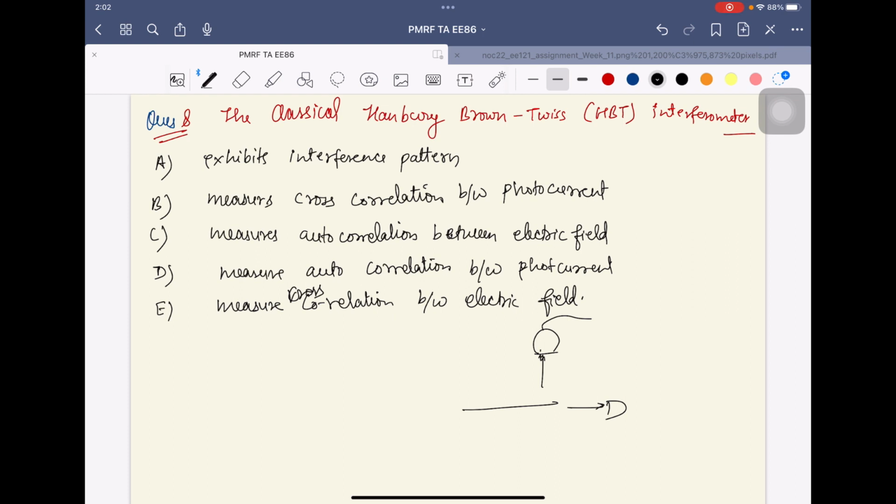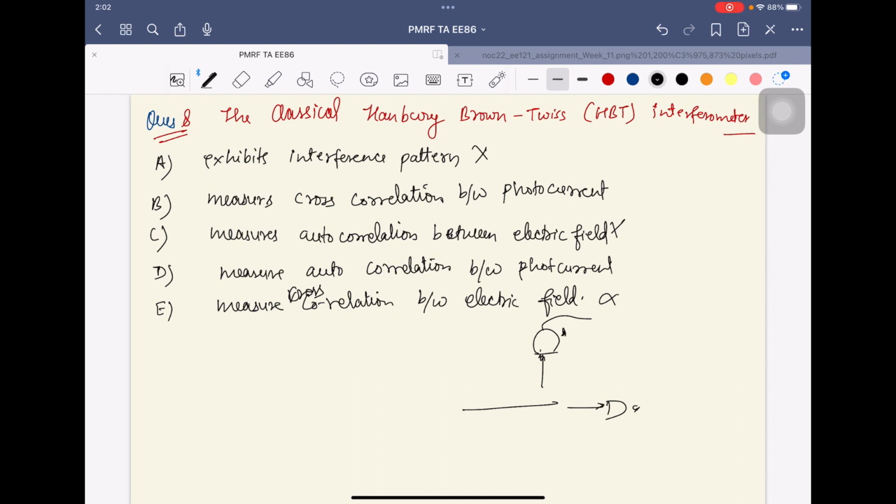So whatever we measure is the photocurrent, not the electric field. So these two answers are eliminated. And the interference pattern is also not detected here, because we detect only the number of photons which come on this detector and the number of photons on this one.